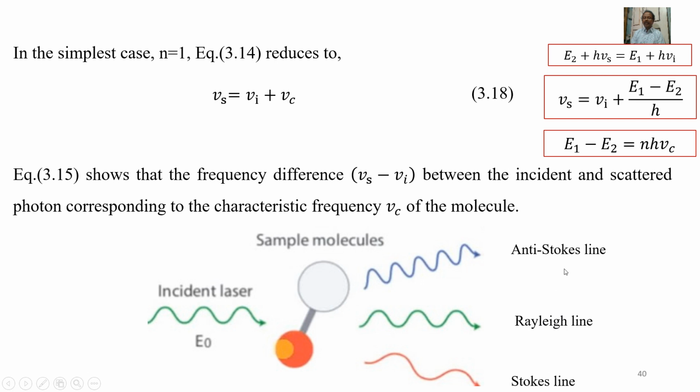And we have the Stokes line, and look at the line, we see this is red color. And the anti-Stokes line has more energy, high frequency. See here, anti-Stokes line, and this is lower wavelength. Anti-Stokes lines will have lower wavelength, and Stokes line will have higher wavelength, low energy and low frequency.